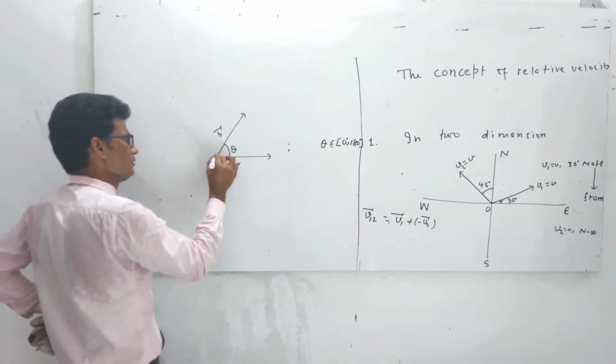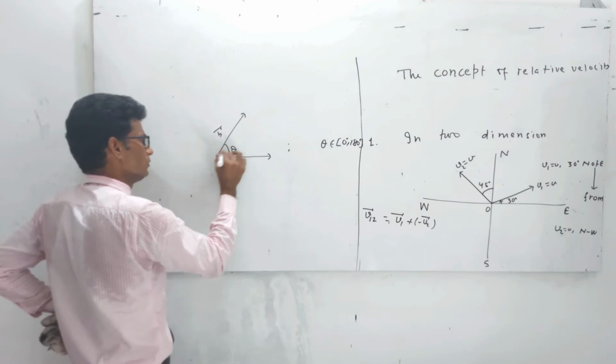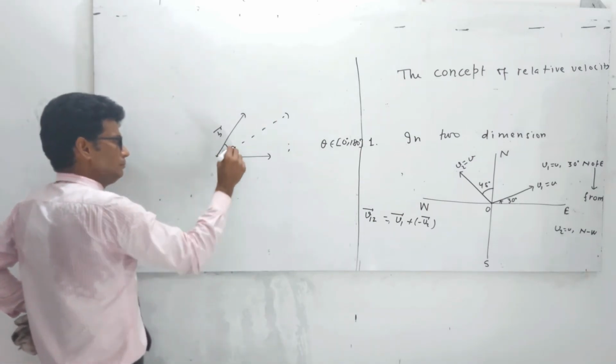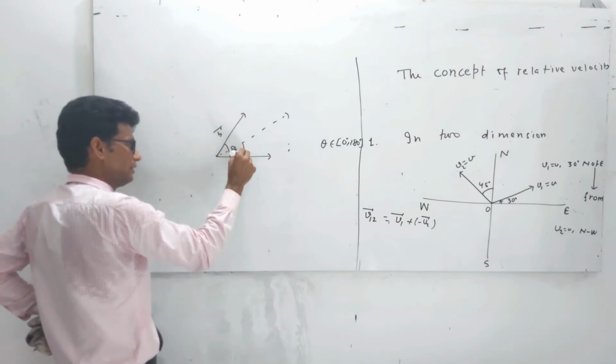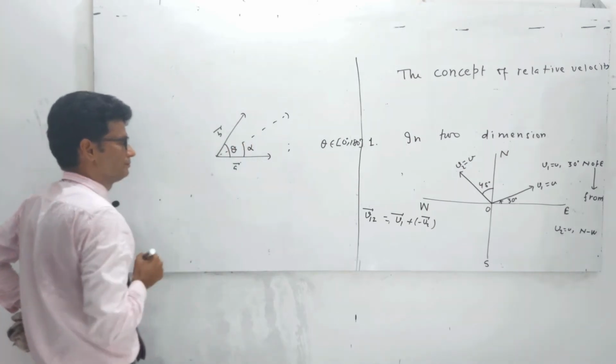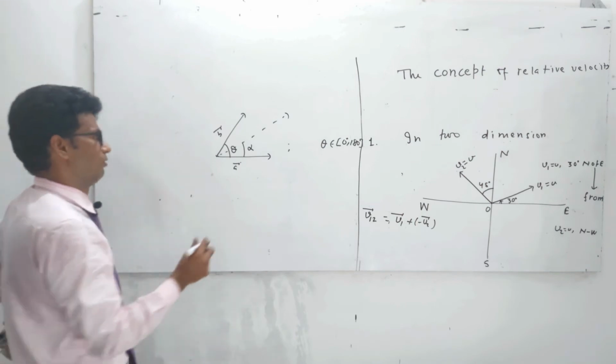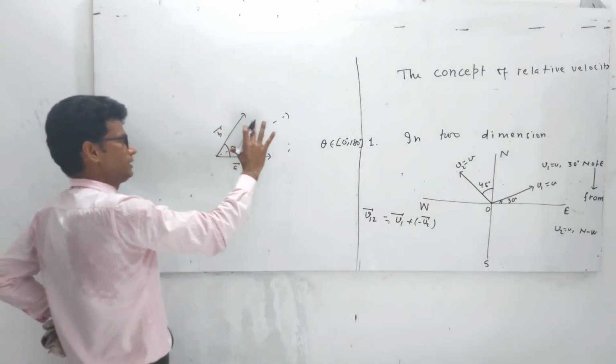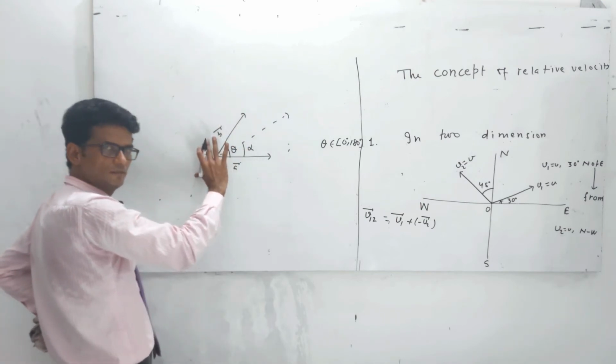Say the resultant passes through here, making an angle say alpha. Now, what is the method? We have to translate, taking vector B as a free vector.